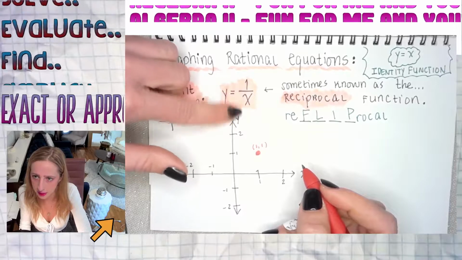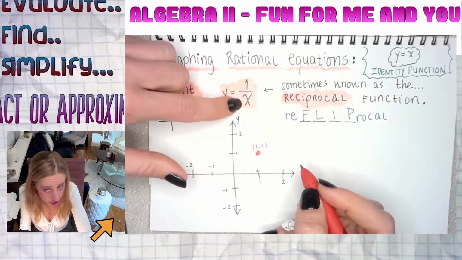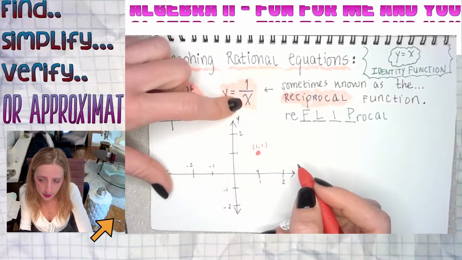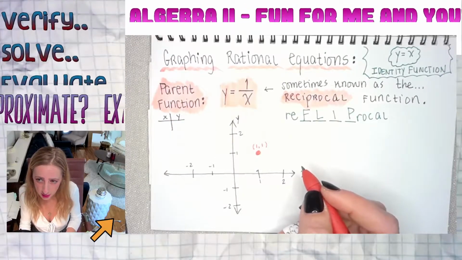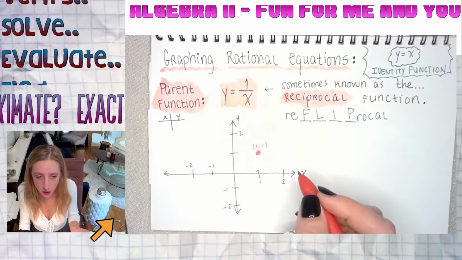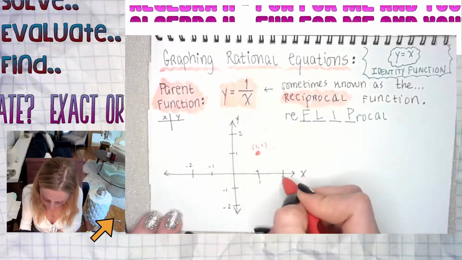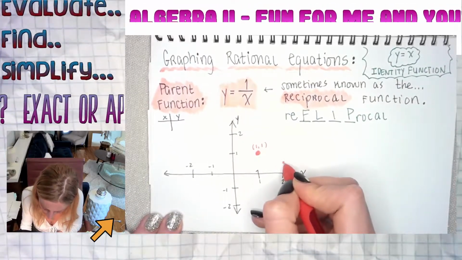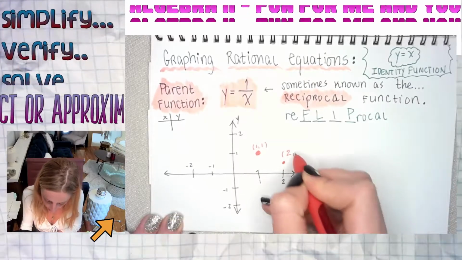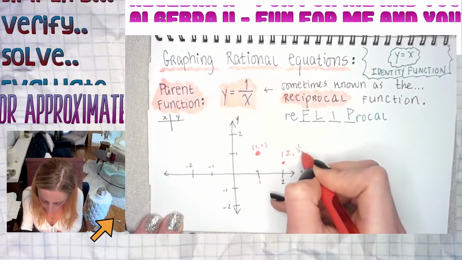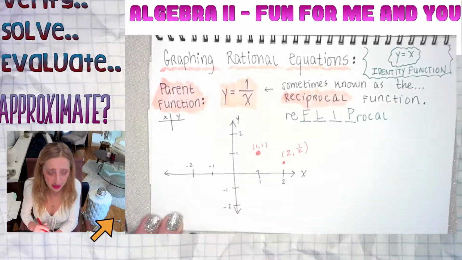Plug in 2 for x. What do we get for y? What is it? 1 over 2. Right, good. And that's just 1/2. So if I plug in 2 for x, because in an ordered pair 2 is the x, I get 1 over 2 for y. That's it. Don't overthink.